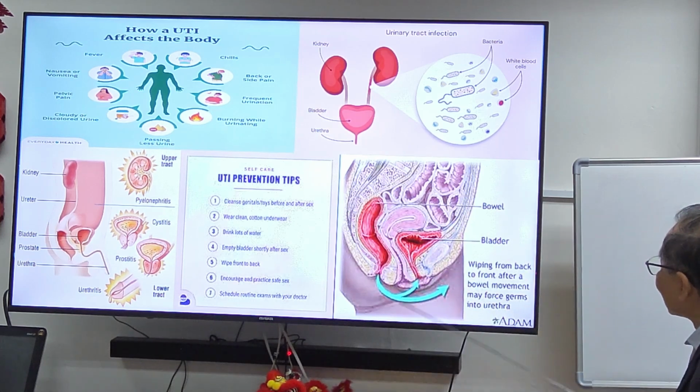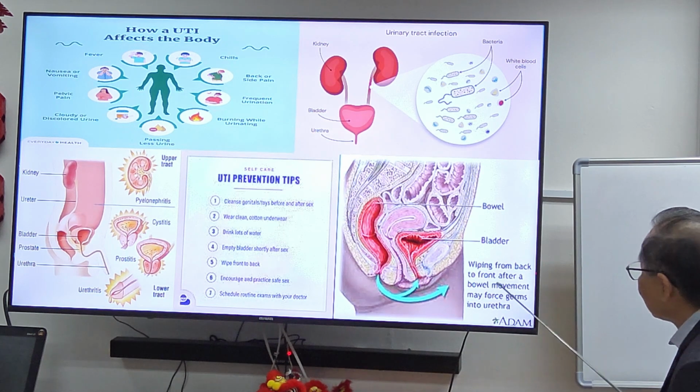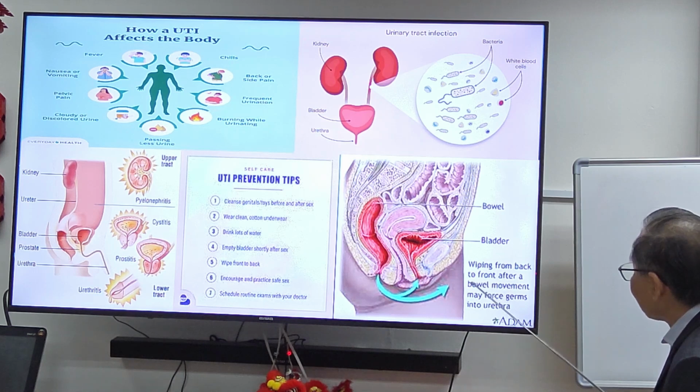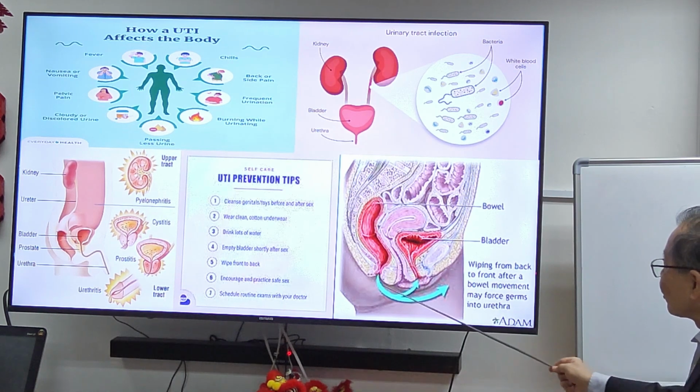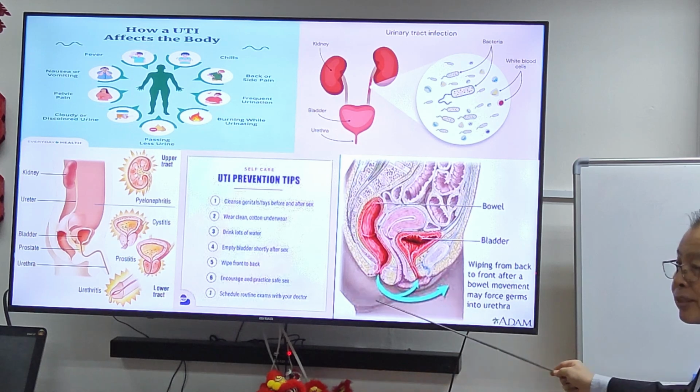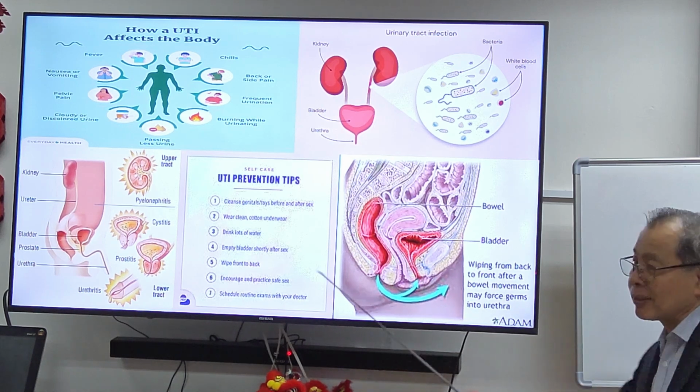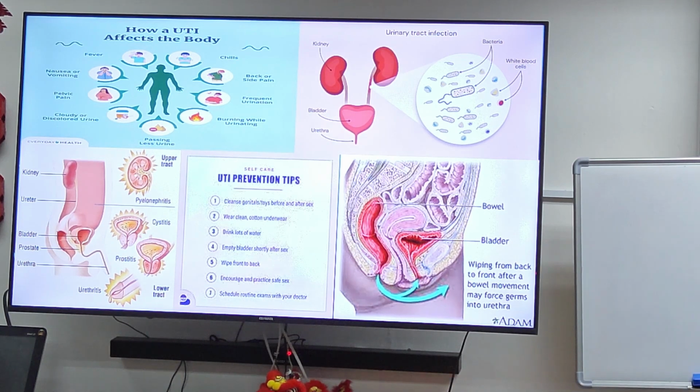And that's why the advice for female is always wipe from front to back. Back to front is not recommended because you introduce the bacteria from the feces, always front backwards. So what to do?